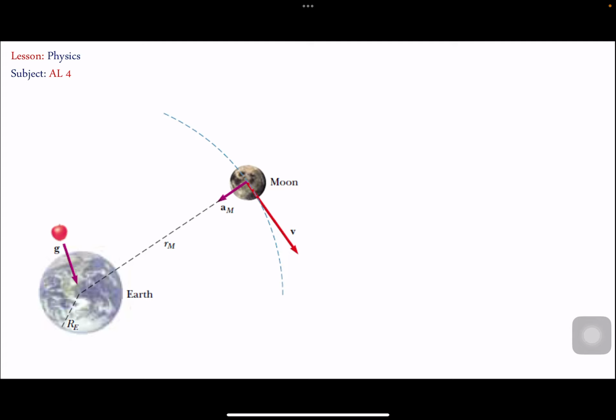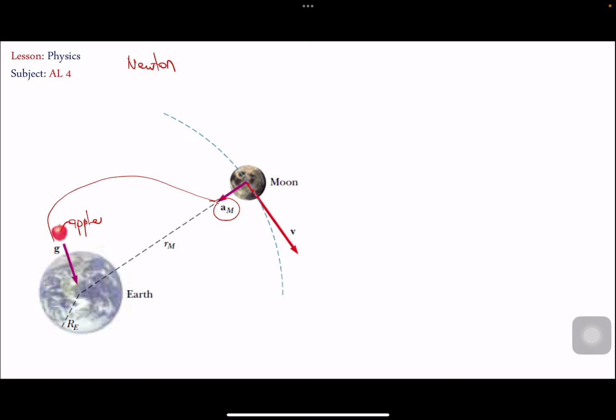So some calculations were made by Newton, and he said that the Moon has its own centripetal acceleration, and the object, the legendary apple placed on the surface of the planet, has its own centripetal acceleration, and there should be a relation between these two. Now, what will it be?